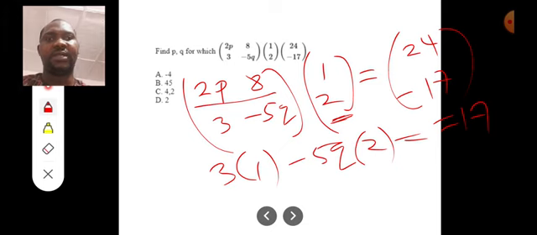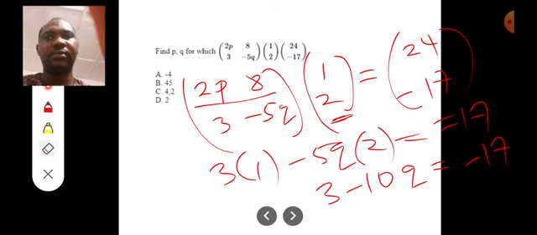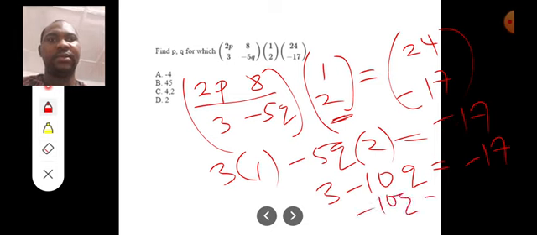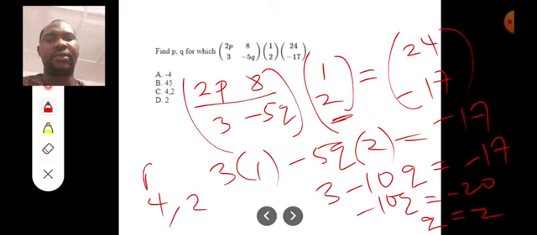So that means 3 minus 10q is equal to minus 17. So minus 10q is equal to minus 20. That means q will be equal to 2. So your p is 4, your q is 2. So the answer is C.